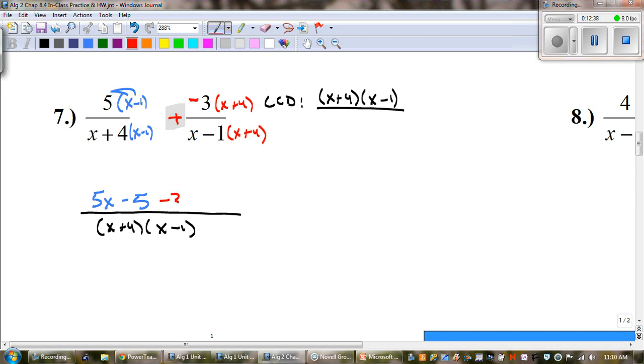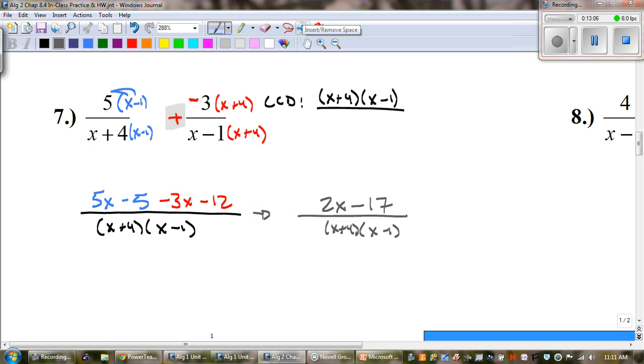And then we get negative 3x minus 12. Let's go ahead and combine our like terms. Our denominator stays the same, x plus 4, x minus 1. And we get 2x minus 17.